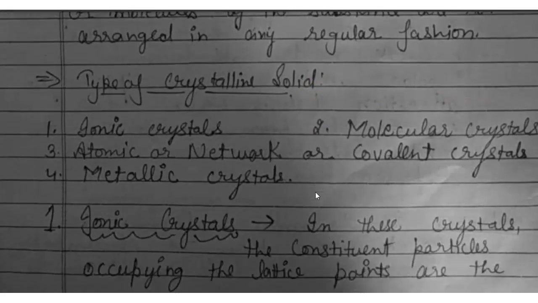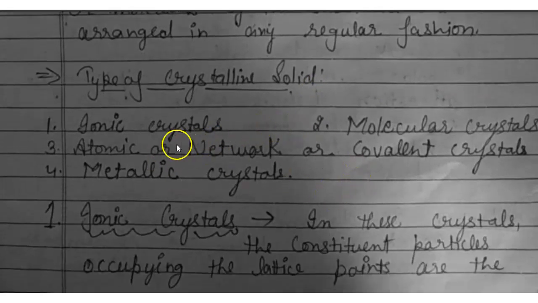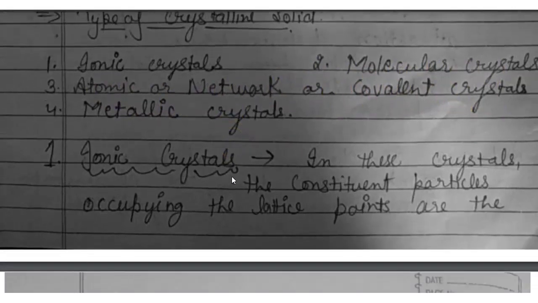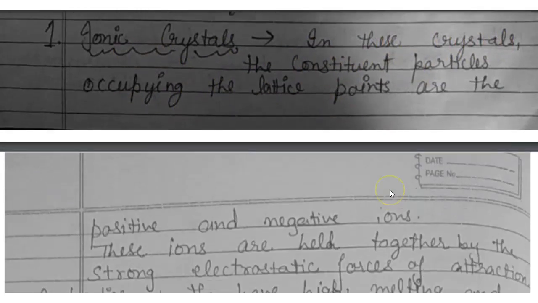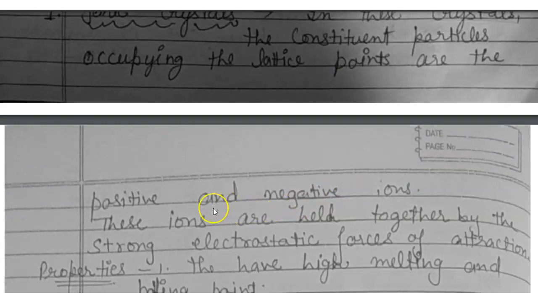Next, types of crystalline solid. It has four types. First is ionic crystal, second is molecular crystal, third is atomic or network or covalent crystal, and fourth is metallic crystal. So first we will discuss ionic crystal. In these crystals, the constituent particles occupying the lattice points are positive and negative ions.